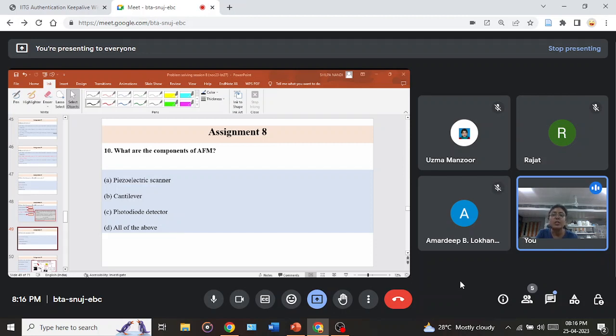So what are the components of AFM? What does AFM stand for? Can anyone answer? If you don't know what AFM is, then it would be difficult to answer the question.